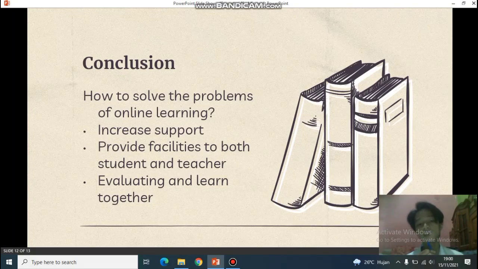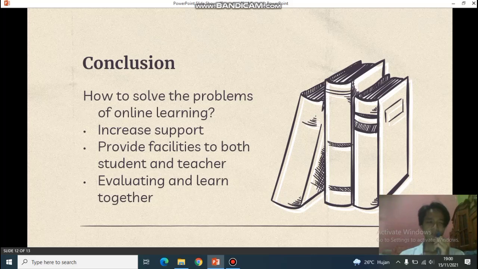And the last but not least is evaluating and learning together. This is important. Why is this important? Because when we just do something but do not evaluate it, when something bad happens, we won't fix it, and instead of fixing it, we just do the same mistakes over and over again.